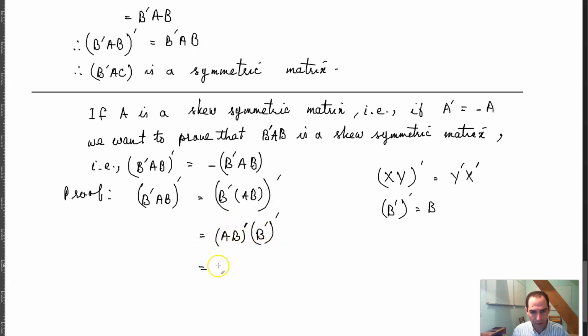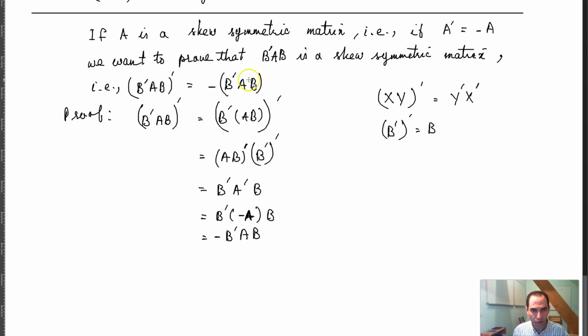This is basically B prime A prime times B, right? And of course I know that A prime is equal to negative A, therefore I write this as B prime times negative A times B, which is the same thing as negative B prime AB, and that is basically what we wanted to show.